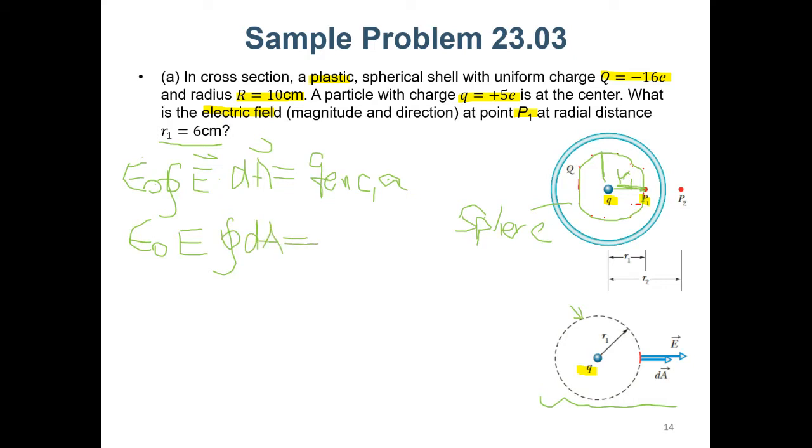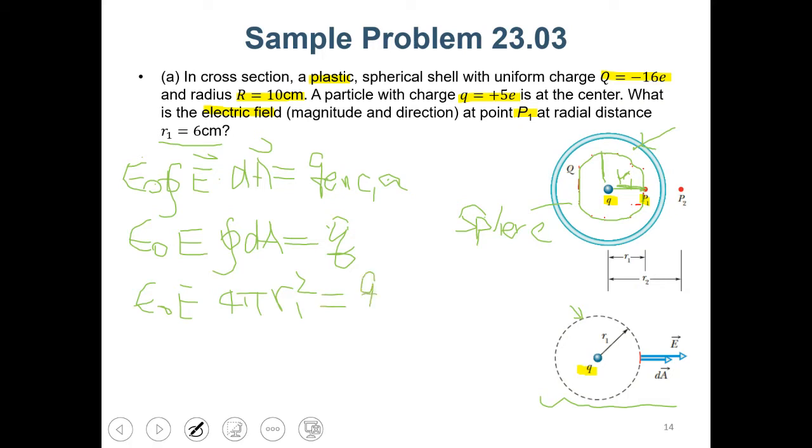The charge enclosed by this Gaussian surface is the small q. The capital Q is outside, so the net contribution from this charge should be 0. So this becomes 4 pi R1 square E equals q, something like this.